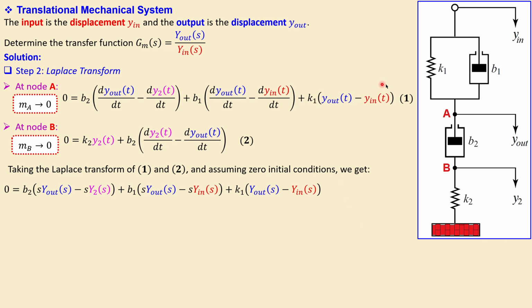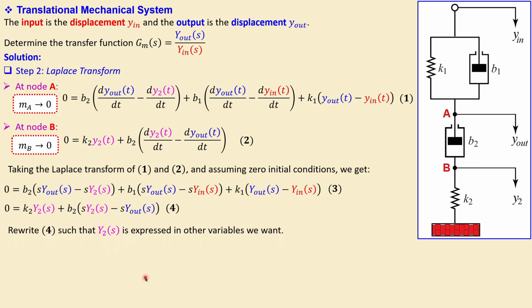Now we get for the first equation here, so we just replace d/dt by an s, exactly the same as shown here, and that will be then equation number 3, and a similar form you get from equation number 2, this, and that will be then equation number 4. So that is the Laplace transform of 1 and 2, equation number 3 and 4.